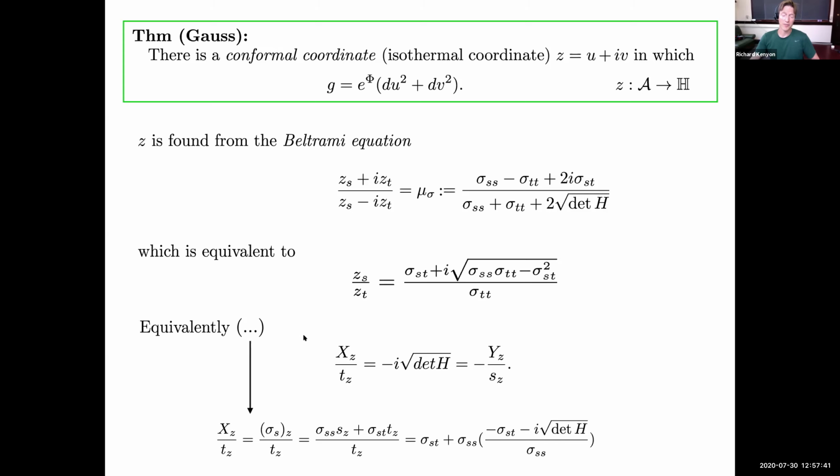But now I'm just going to do a tiny bit more calculus manipulation here. I want to prove that this equation here is equivalent to that one, and it's just a little bit more work. X_Z over T_Z. If you remember what capital X is, maybe I should remind you.